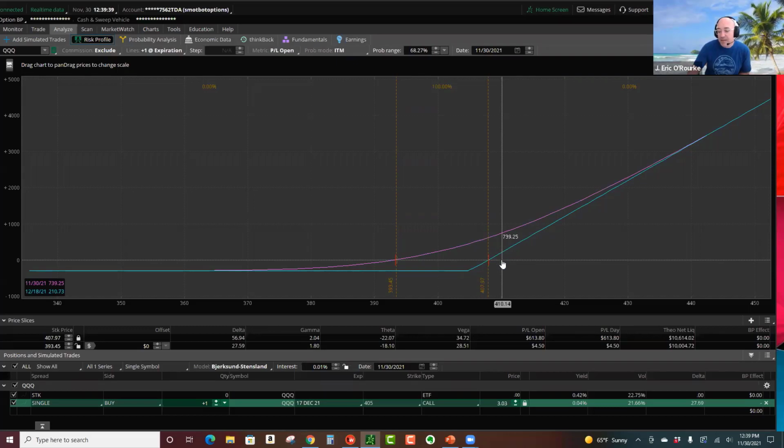Because the $300, you would have a $739 profit. But over time, this purple line is going to fall and conform into that blue line, and that's the theta. That's the premium that's going to get sucked out of that option. But if you get the move before that happens, then you can actually profit from that.